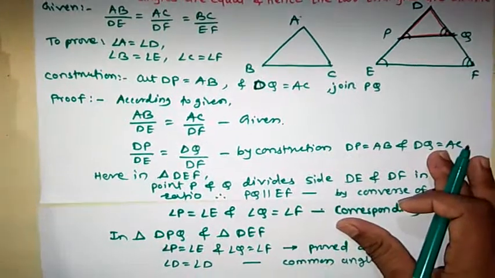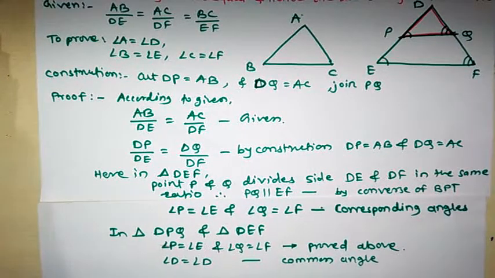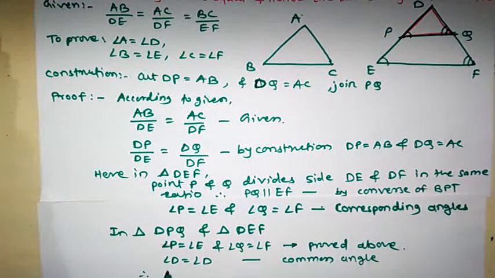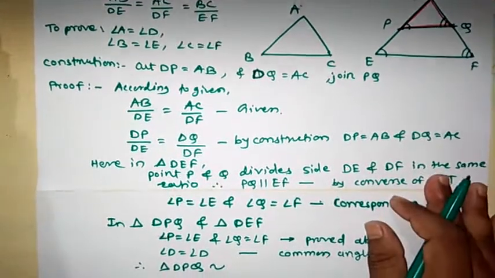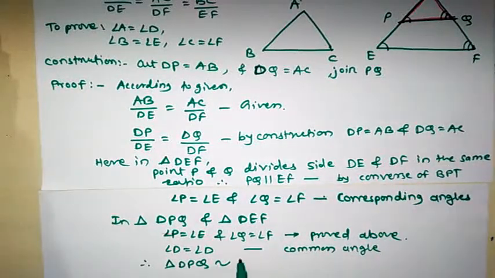Can we write these two triangles are similar? Therefore, triangle DPQ is similar to triangle DEF. Can we write like this? By which criteria? What is the reason?